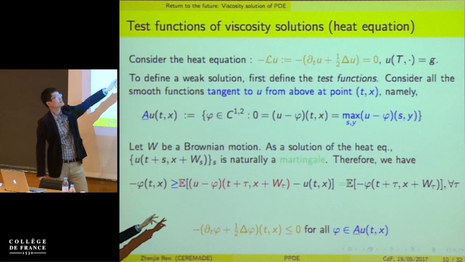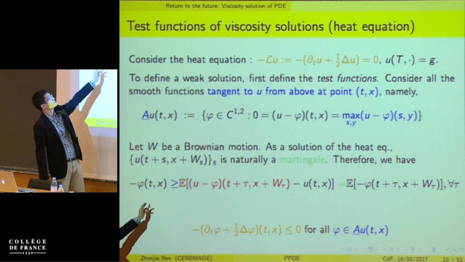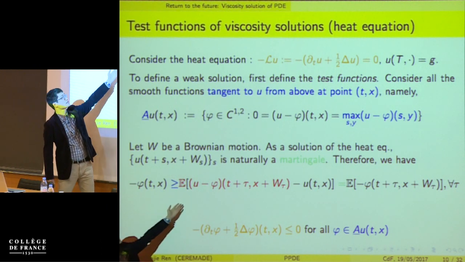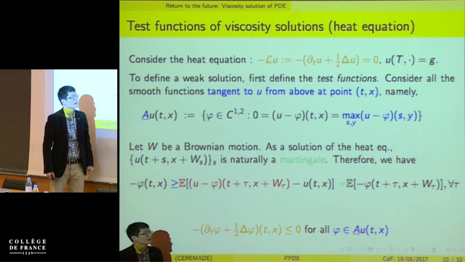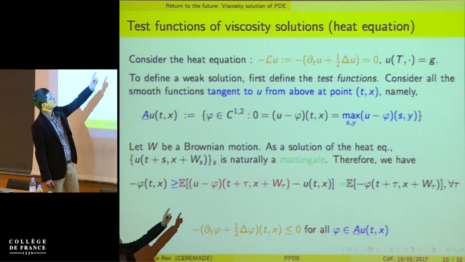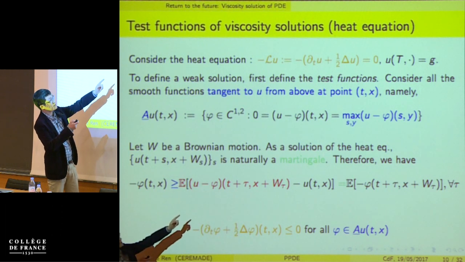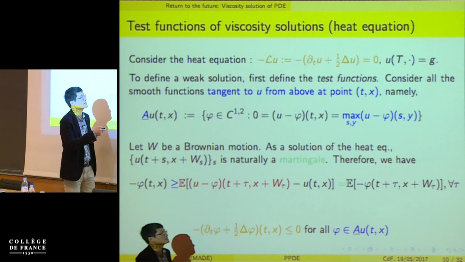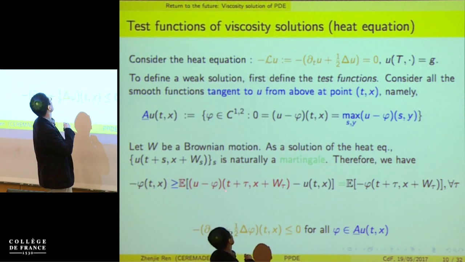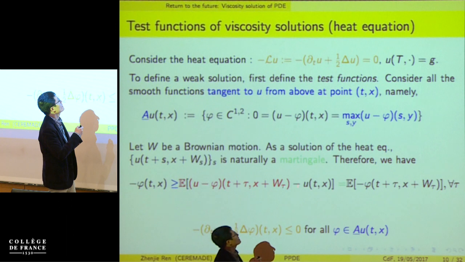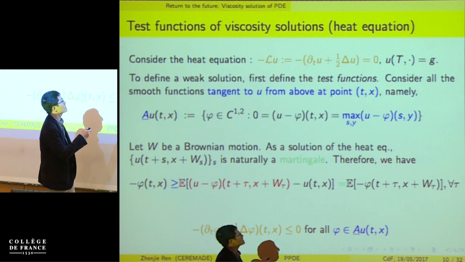You see that since u minus phi reaches maximum at (t, omega), we have the first inequality like this under expectation. And then since u is indeed a martingale, this equality comes from the martingale property. So u(t+tau) minus u(t) under expectation should be 0.